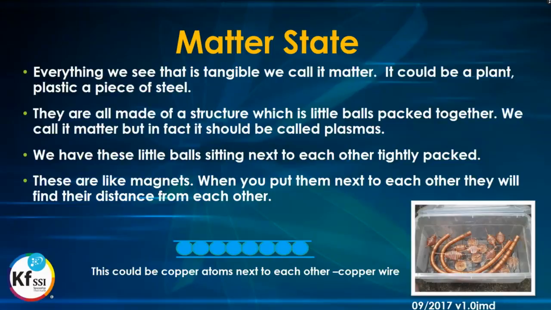We have these little balls sitting next to each other, tightly packed. These are like magnets, and when you put them next to each other, they will find their distance from each other. So that's essentially what our matter state is. And if you have a look at that picture at the bottom there, it could be copper atoms sitting next to each other on a copper wire.